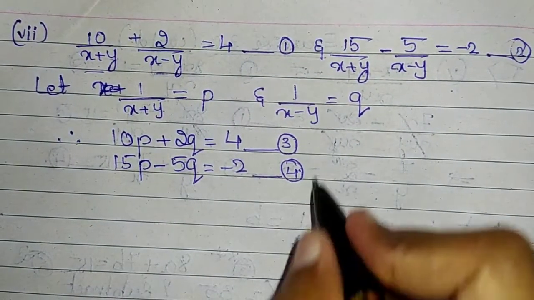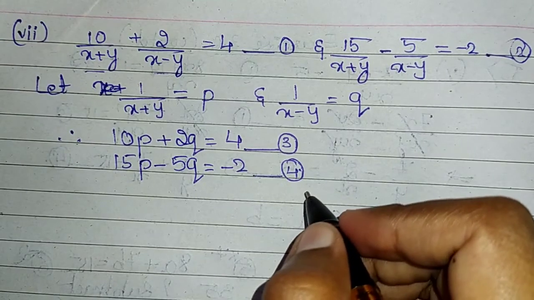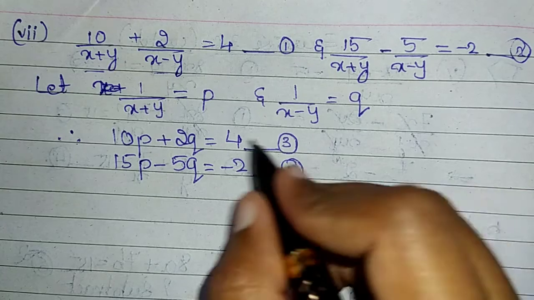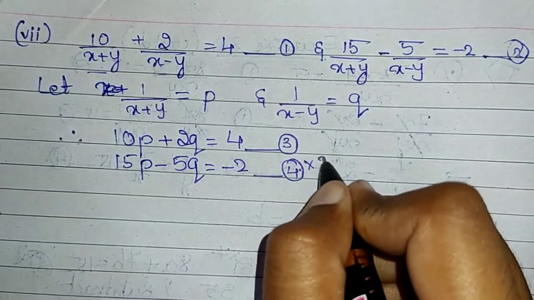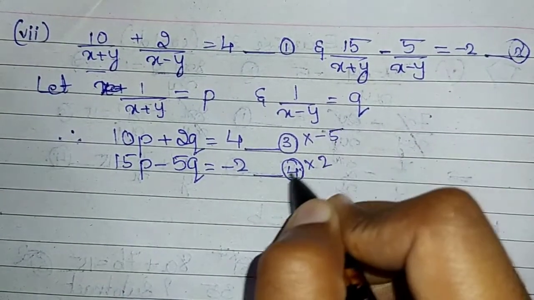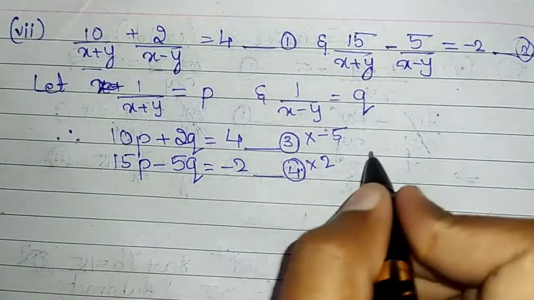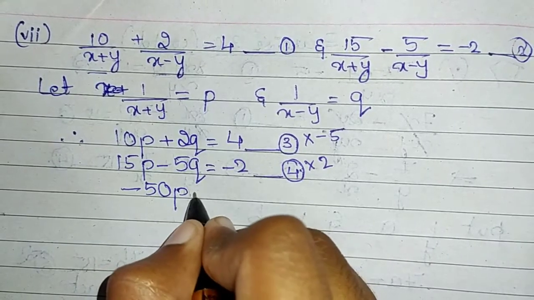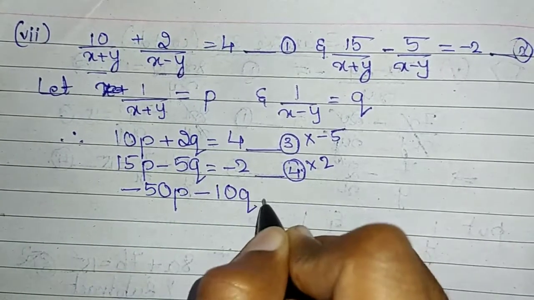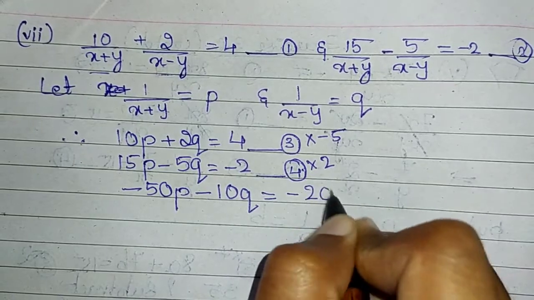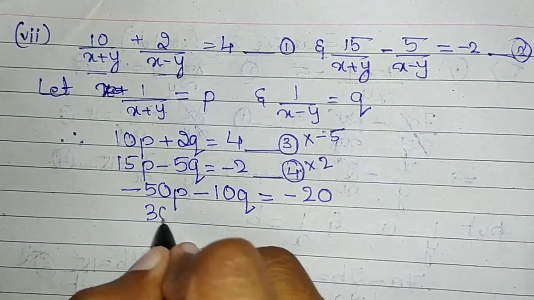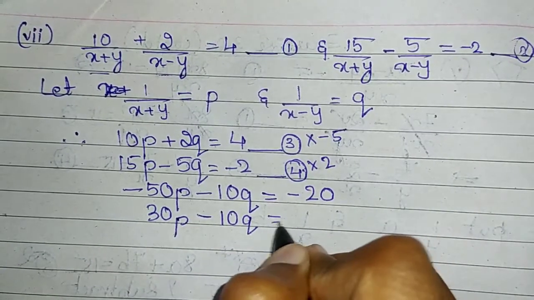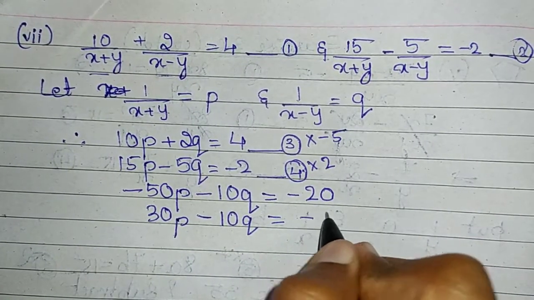So now cross multiply the coefficients and we'll get the values of either of the variables by elimination. So here let us eliminate q, multiplying by 5 and 2. Rewriting the equations, we get 50p plus 10q is equal to 20, and 30p minus 10q is equal to minus 4.